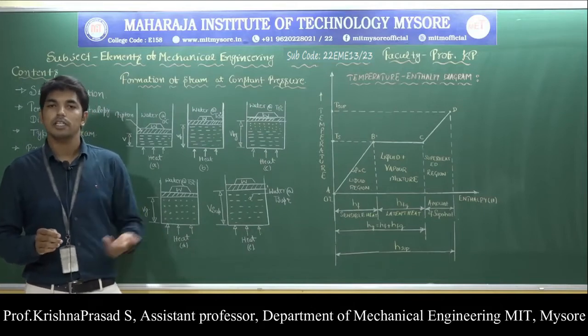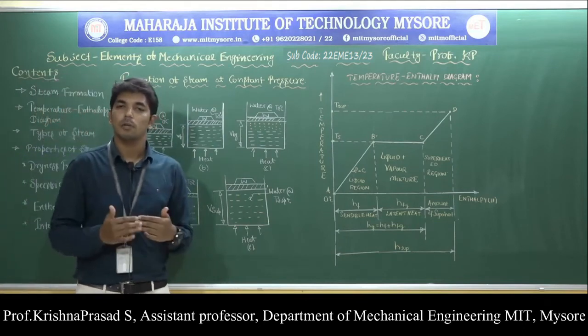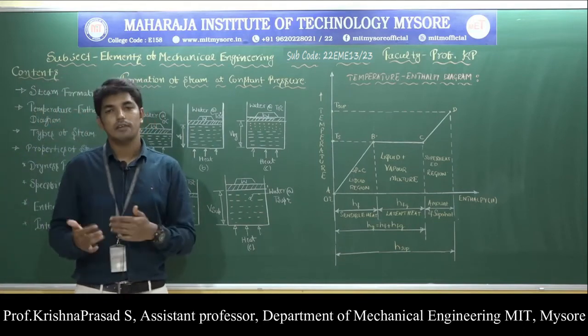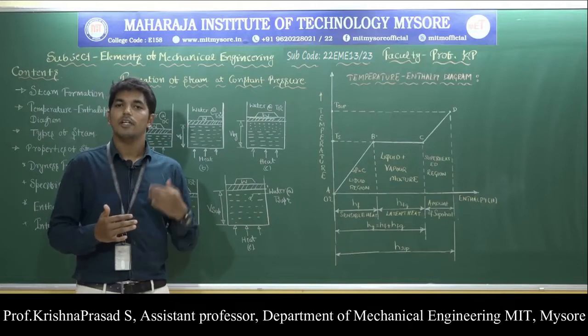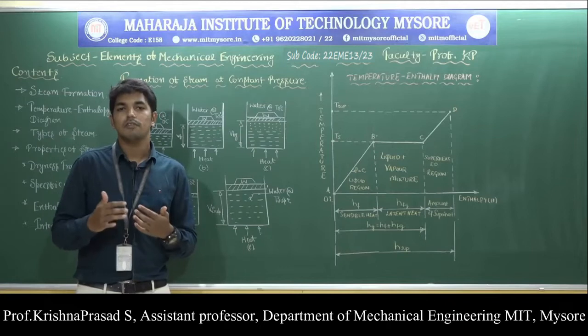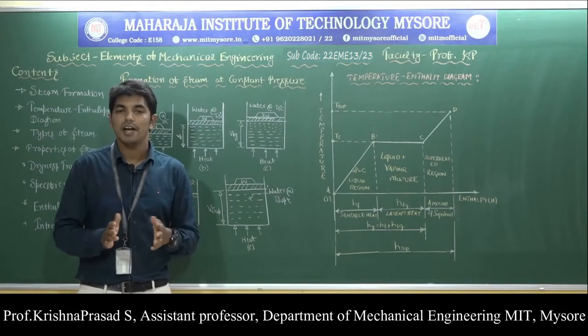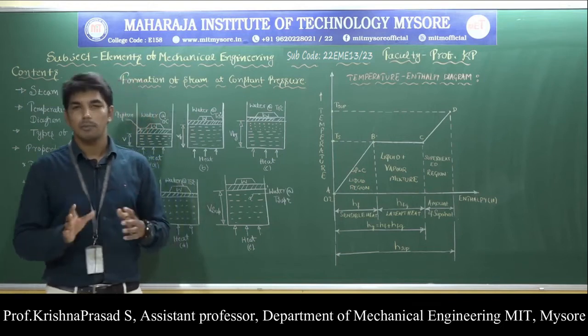Then what is meant by steam? When ice melts, it transforms from the solid phase to the liquid phase. Similarly, when water is heated beyond the boiling point, it transforms from the liquid phase to the gaseous phase to become water vapor. Hence, steam is nothing but water vapor.